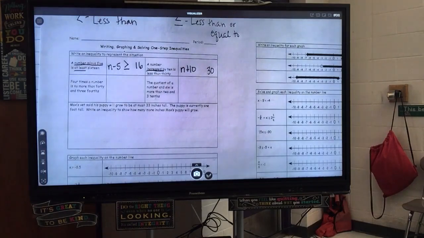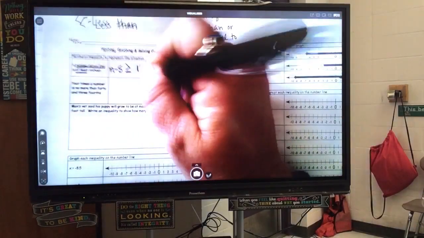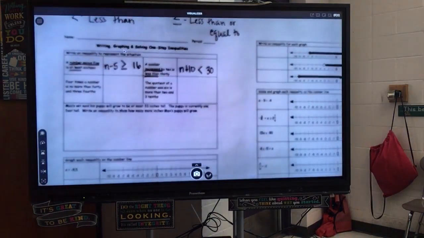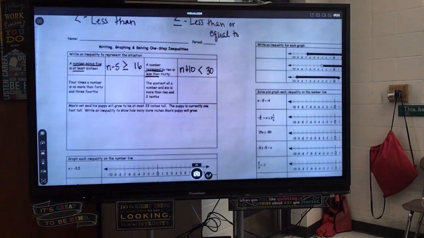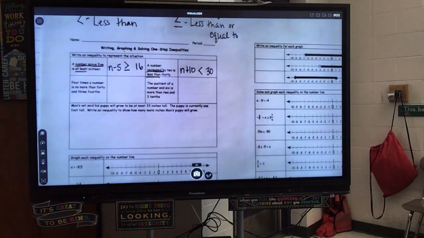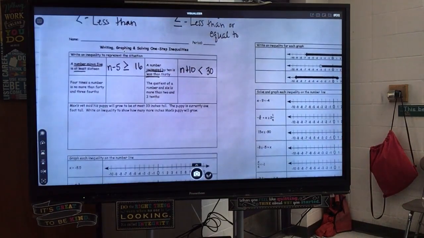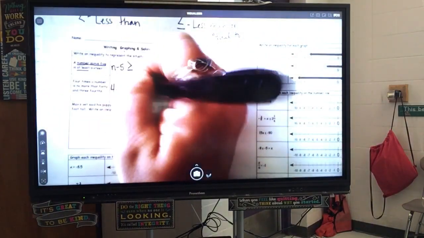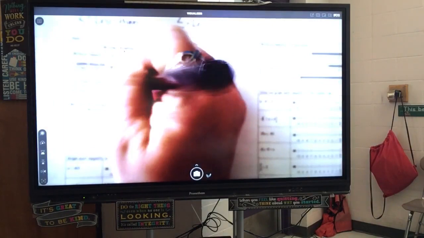Thank you, Lord. Yes, it is less than. So it's right there in the little situation. All right, 4 times a number is no more than 40 3/4. So we have 4n and 40 3/4.